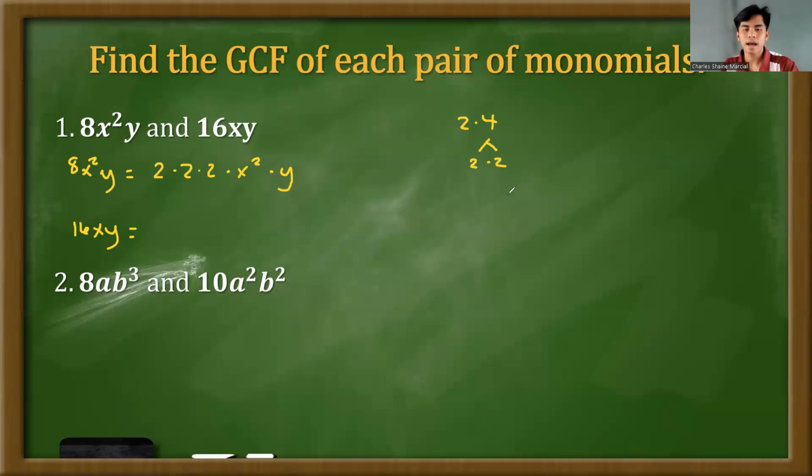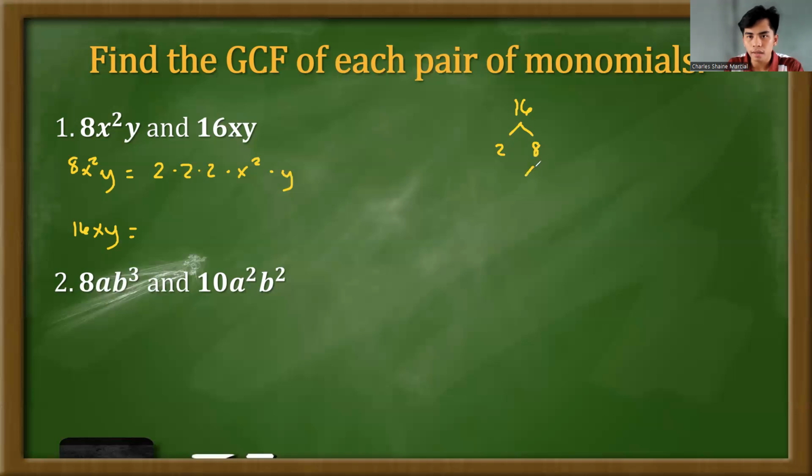Okay? Naintindihan? Alright? So we have 2 times 2 times 2 times x squared times y. So dito naman sa 16, gamitin natin yung factor tree para makuha natin yung prime factorization. So we have 2 times 8, di ba? Itong 16, we have 2 times 8.